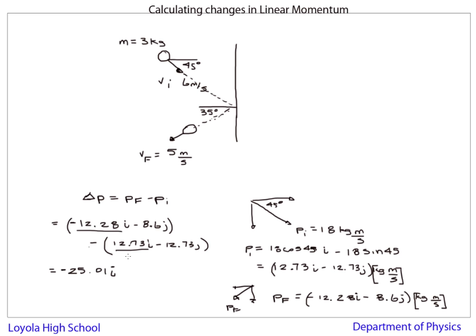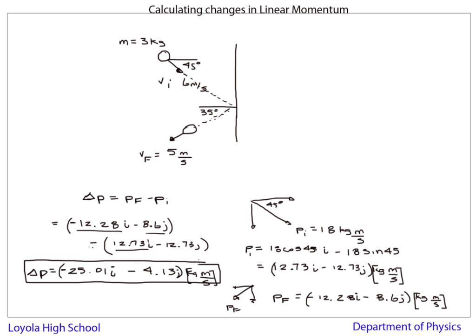Then I take negative 8.6 minus a negative 12.73, so that gives me negative 4.13 j kilograms meters per second. And that's your final answer, that's delta p. So in a nutshell, if I can write the momentum vectors in terms of their i and j components, then I can take those corresponding i and j components and subtract.